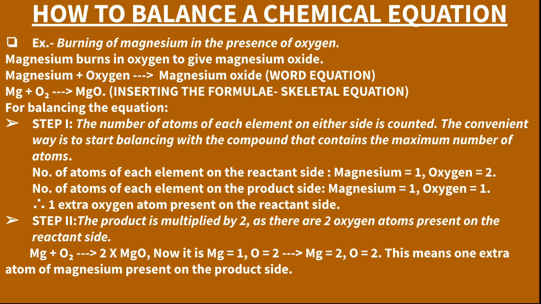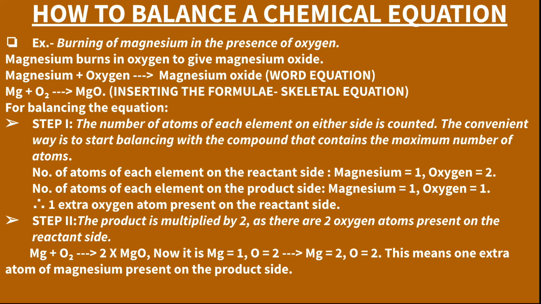Then step 2 is that the product side is multiplied by 2, as there are 2 oxygen atoms present on the reactant side. So to balance it, in the second step we multiply the product by 2.